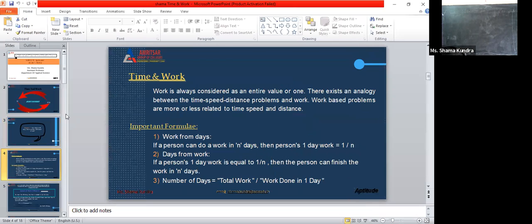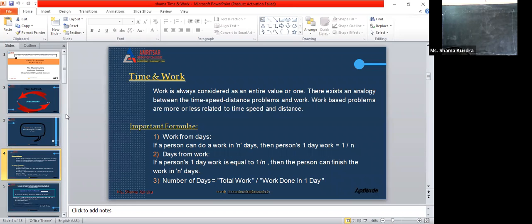After this, another very small concept which we have learned right from childhood: if you work more, the time needed would be less. Time needed less means the number of days needed would be less. Now again, if you are completing some work using 10 men, and now you employed 20 men, what will happen?